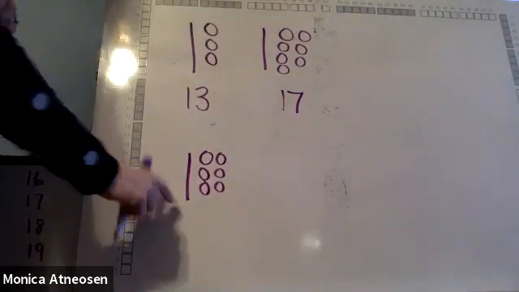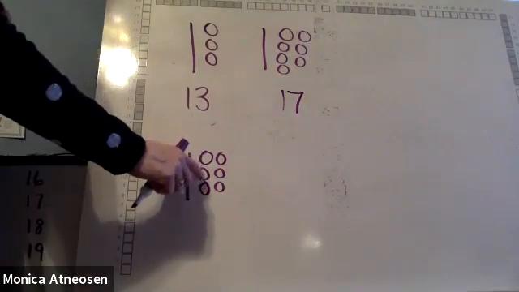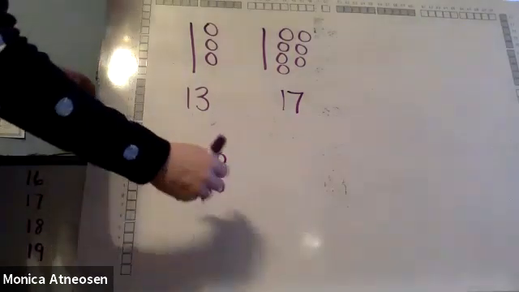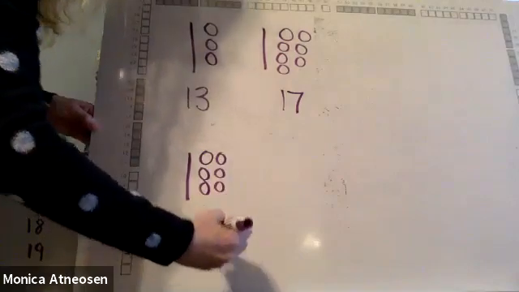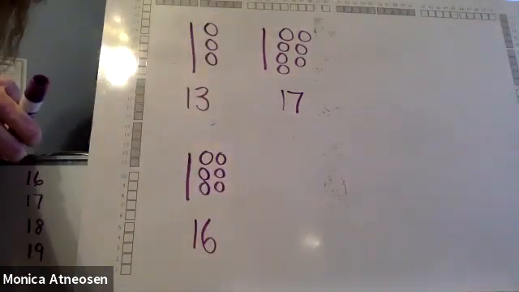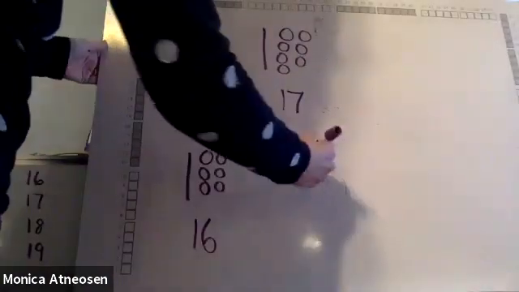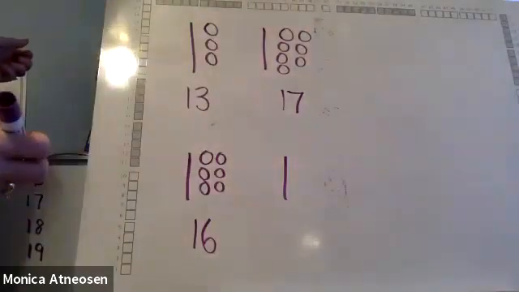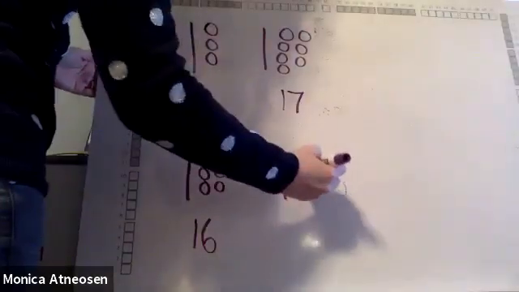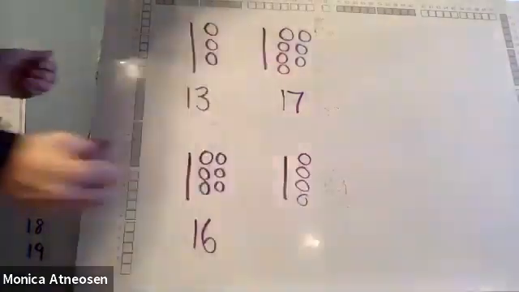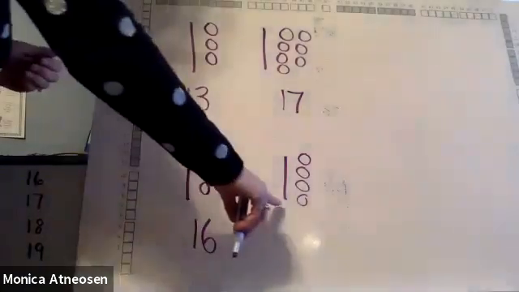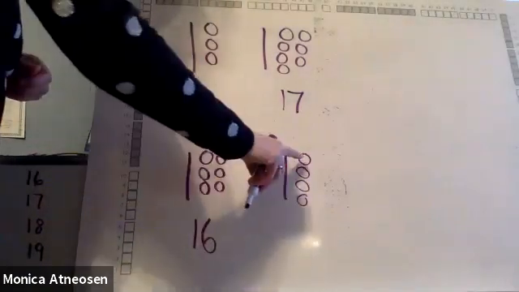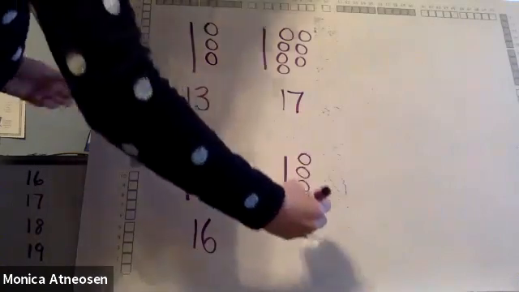I could count it: 10, 11, 12, 13, 14, 15, 16. Easy peasy. Let's say I saw a stick and it had 4 circles next to it. I count 10, 11, 12, 13, 14.